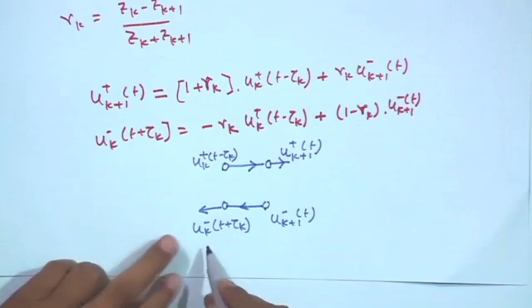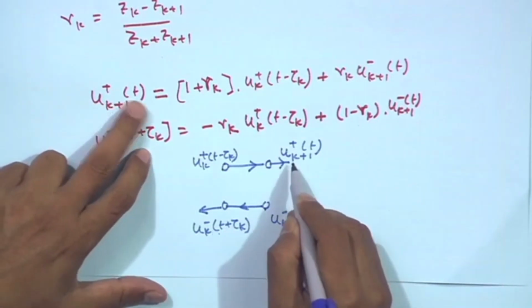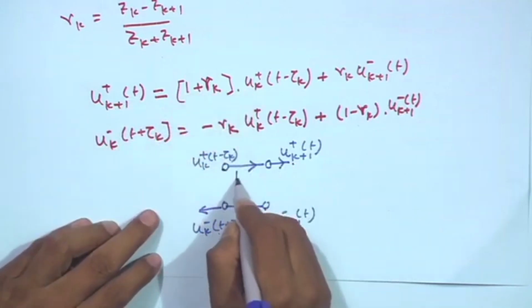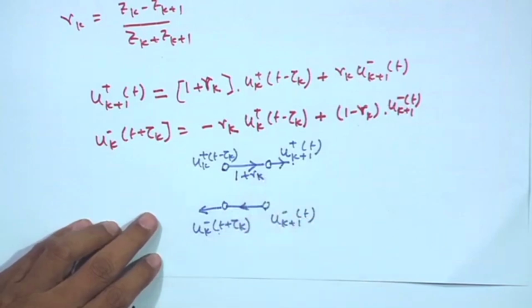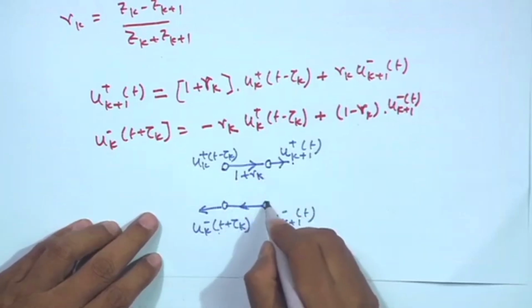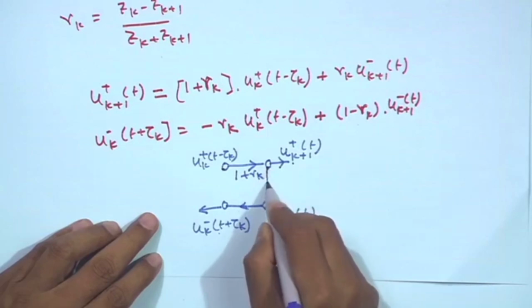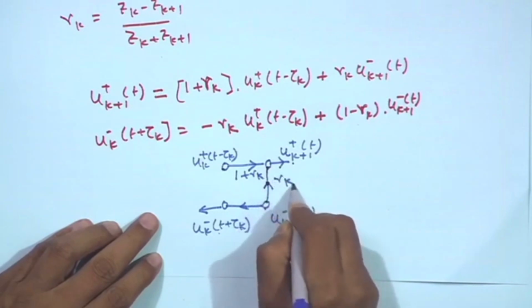So, I can say u k plus 1 t is nothing but 1 plus r k into, so this signal is multiplied by 1 plus r k, and a signal from here has to be added there, which is multiplied by r k.